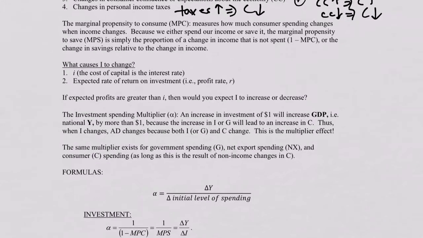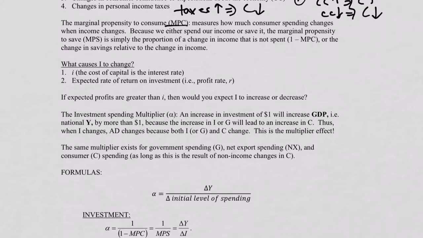There's a term called the marginal propensity to consume, and I know you don't like seeing an acronym that we've used prior in this class, but in this context, MPC is a macro term referring to how much consumer spending changes when income changes, because we either spend our income or save it. The marginal propensity to save, MPS, is simply the proportion of the change in income that is not spent, 1 minus the marginal propensity to consume.